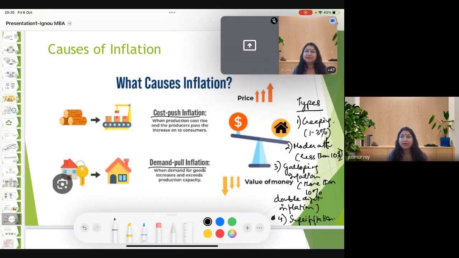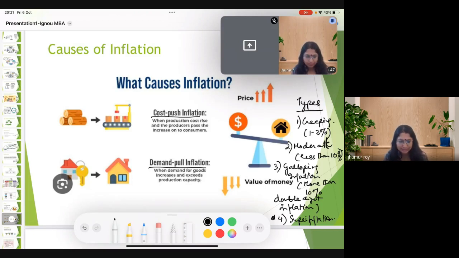That is how expensive things had become. Nobody could afford to buy. Even if they were earning money, they could not buy anything. It was so difficult to buy goods. That is a condition no economy wants to go into nowadays. Even galloping inflation is something you don't want. So till the time you are in creeping and moderate inflation, it is okay for the economy.